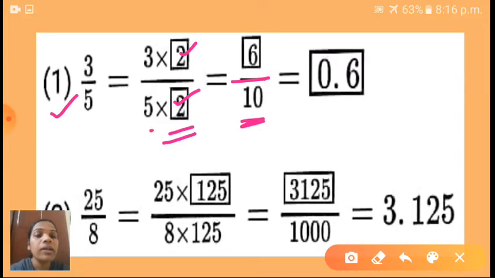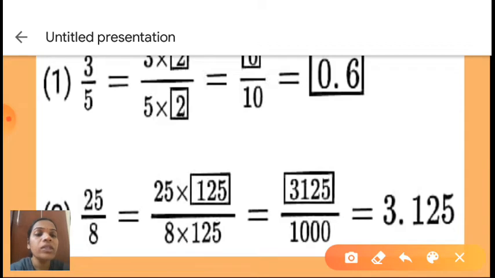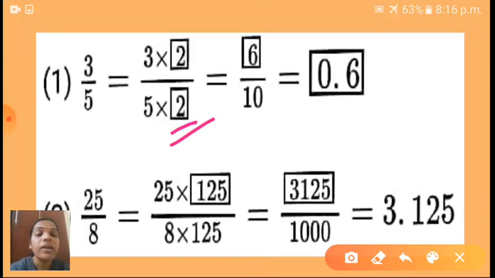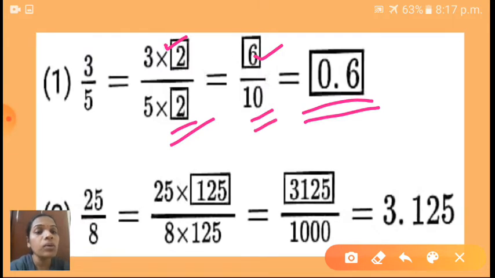So children, here the multiply sign is there, and here 10 is there. So can you say which number will come? 2 will come. And in the numerator also, which number will come here, children? 2. So 3 2s are 6. So 6 upon 10, the decimal fraction, is what? 0.6. That means only 1 zero, here 1 digit. So it is so easy, 0.6.